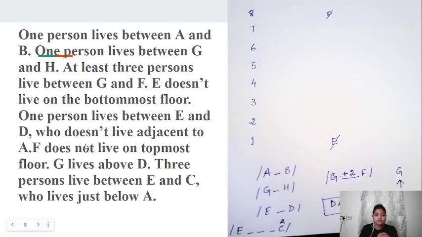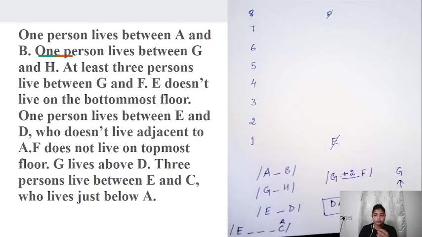Then F doesn't live on topmost floor, so I have written F and struck it down. G lives above D. Here is the condition. G lives above D. I have drawn the arrow mark between G and D because we are not sure how many floors are there between them, and whether they are immediately above or whatever.